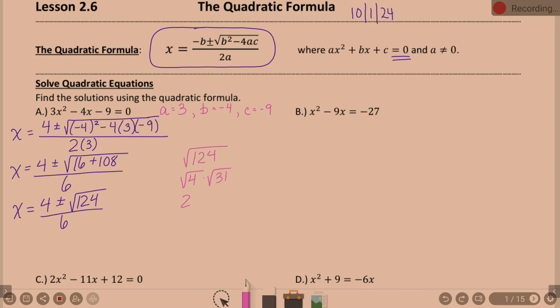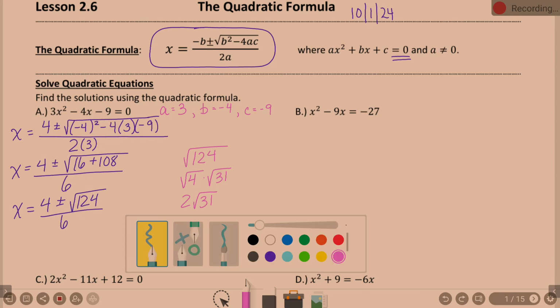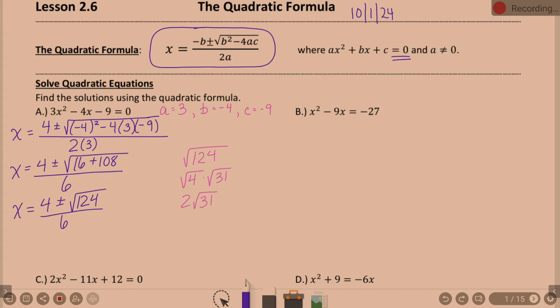It's going to stay the square root of 31. Okay, so all of that to say that we need to keep going. The square root of 124 is going to change a little bit. So now I'm going to rewrite this as 4 plus or minus 2 times the square root of 31 all over 6.